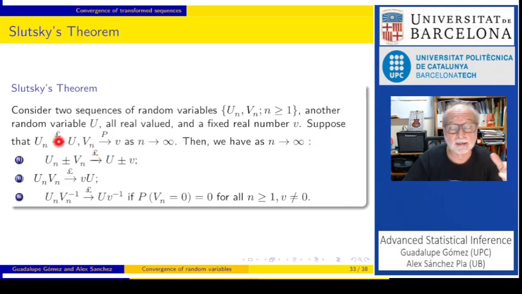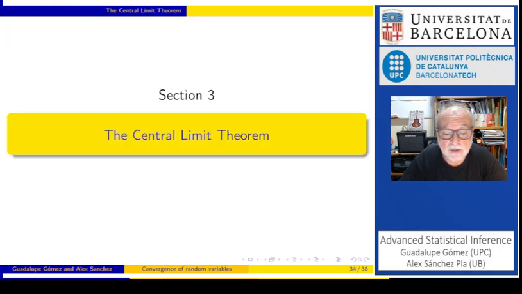So in that case, let's say that the weakest form of convergence is the one that is kept. Okay, this theorem is very useful, as we will see for large sample approximations, but we keep this for another video. Okay, so now let's move on to the last result, which is the central limit theorem.